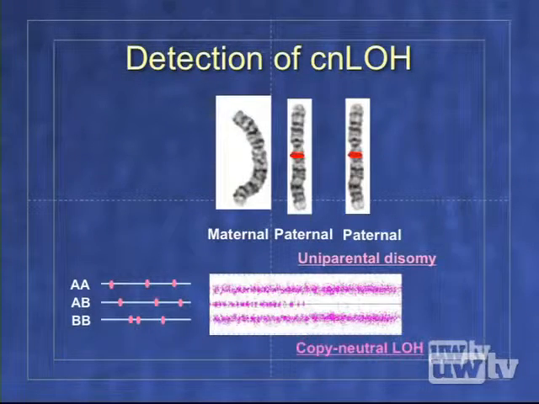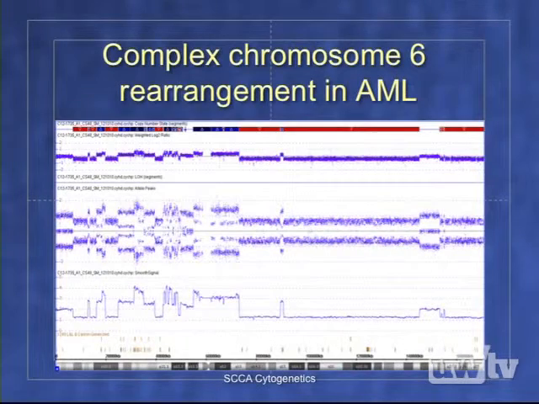That is called uniparental disomy. In this case, you will see an allelic track pattern looking like that. It does not change the copy number, however, you have a loss of heterozygosity. That's why it's also called copy neutral loss of heterozygosity.